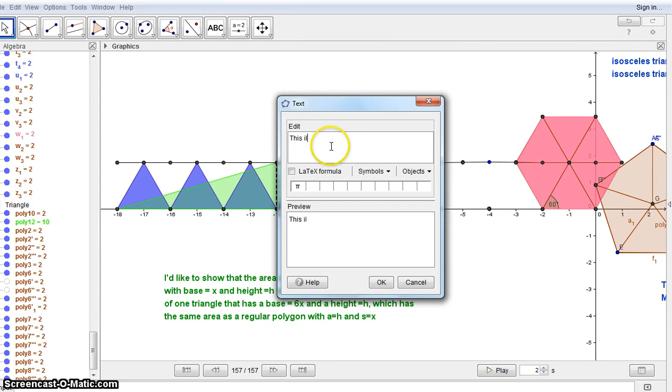So this illustrates the relationships between the related triangles and polygons, regular polygons in this case, that represent the various area formulas.